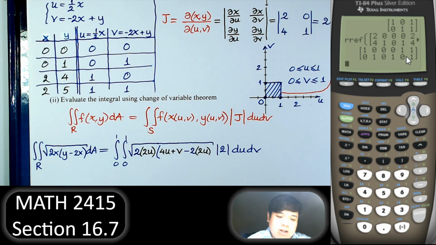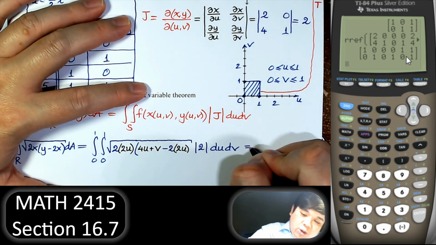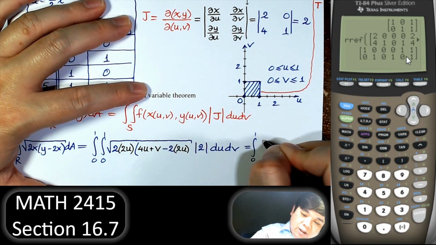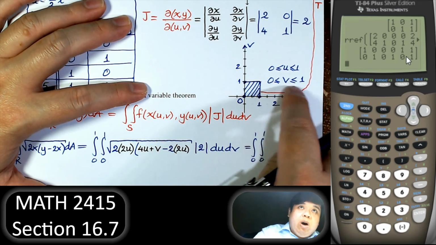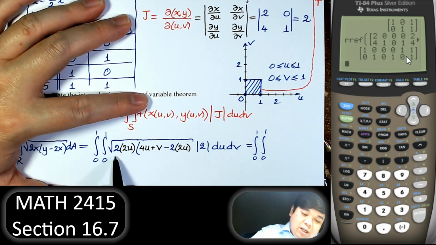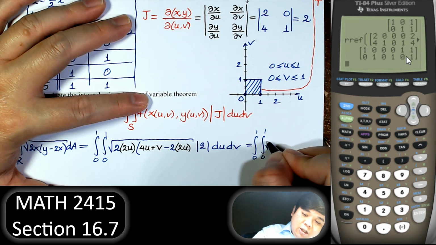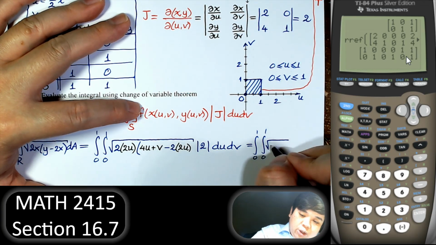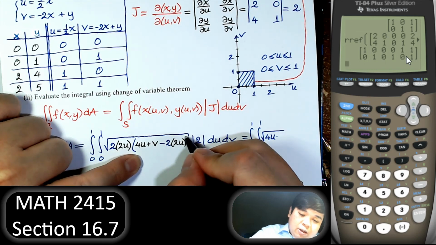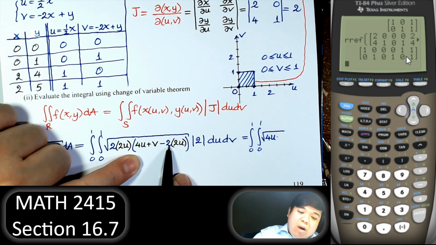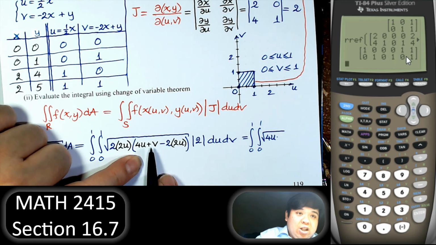Alright, let's simplify this. What do we have? 0 to 1 for u and 0 to 1 for v. That's why we have those limits. So multiplying that gives us the square root of 4u times 4u minus 4u. So that's just v, right?